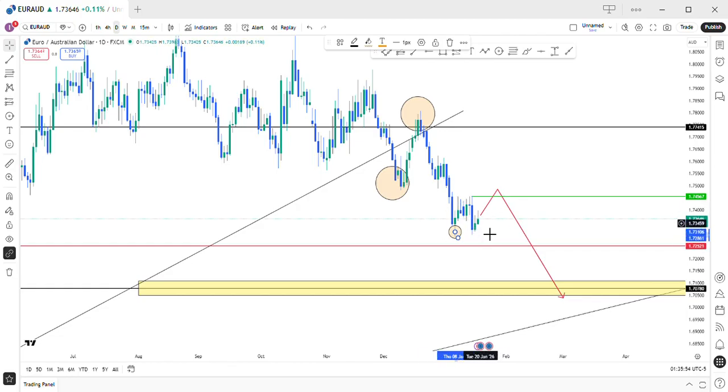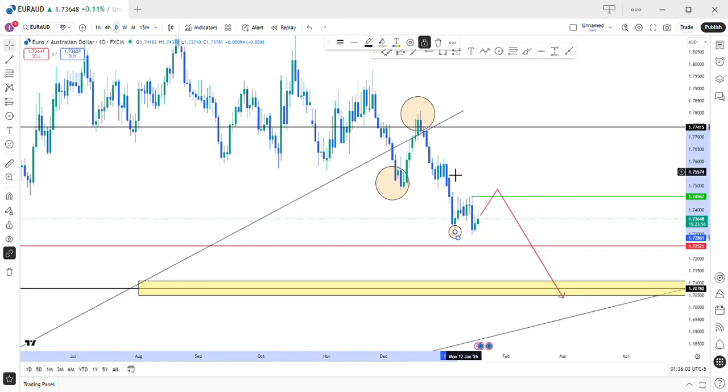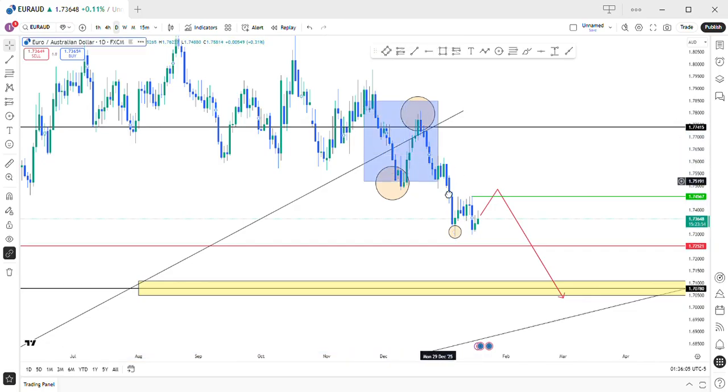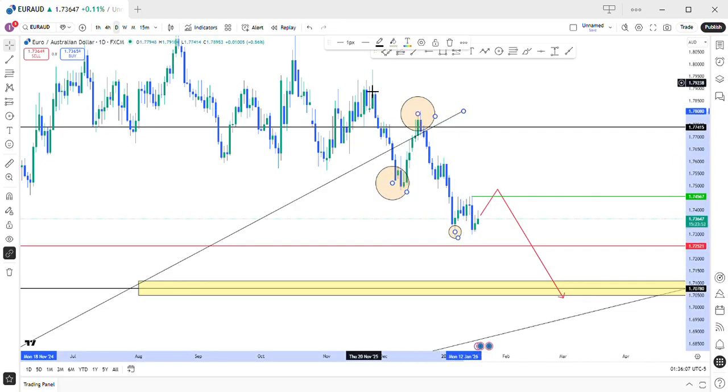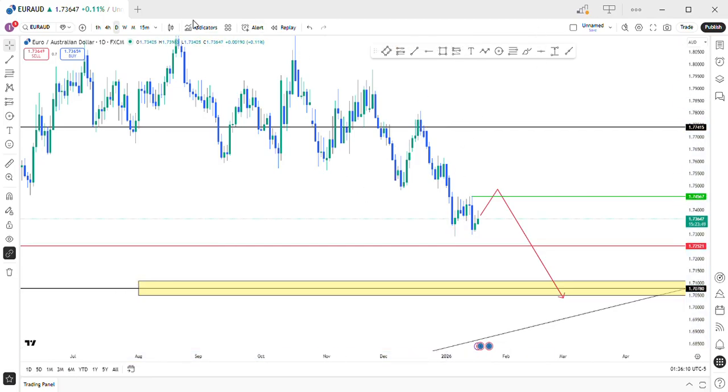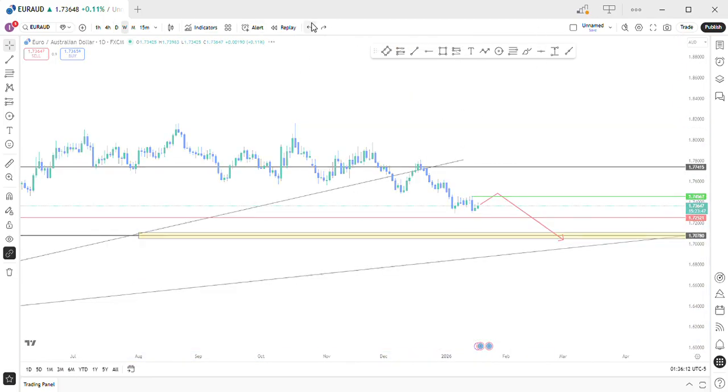Then we would like to see price pull back in order to come into this level right here. Let me remove all of this. So let's go back to my drawings.